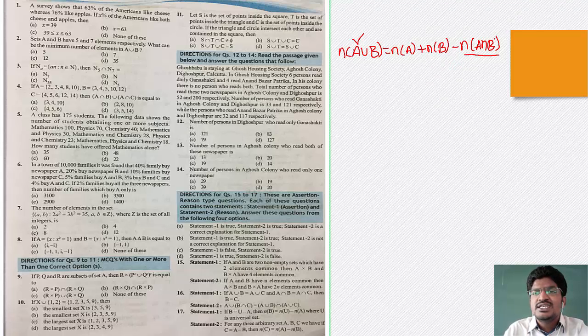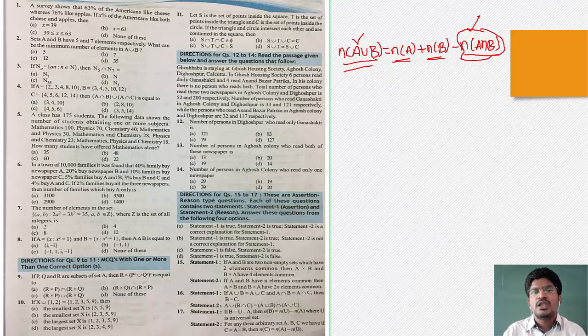because this thing is getting subtracted from the sum of n of A and n of B. Clear? This thing is subtracted. If this is maximum, your output will be the minimum, because a maximum thing is subtracted from the sum, so obviously the output must be minimum.